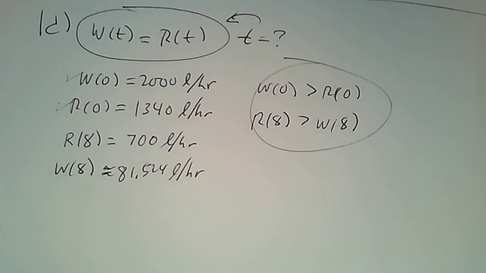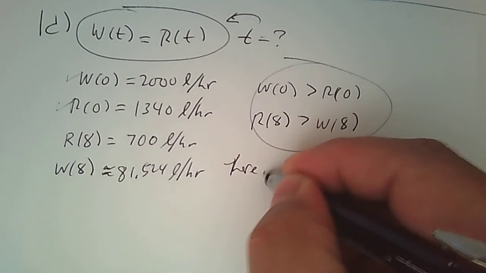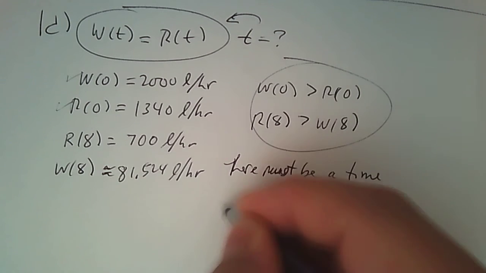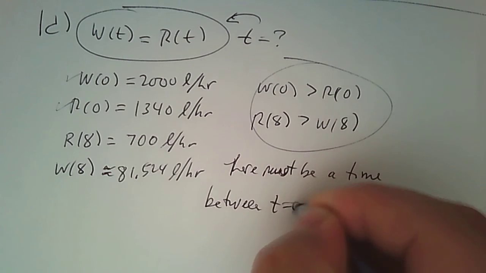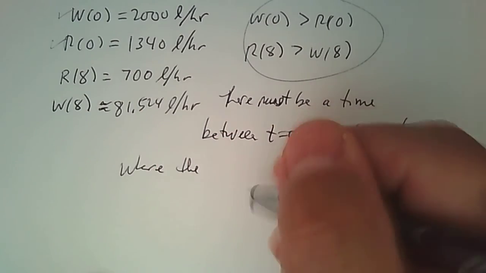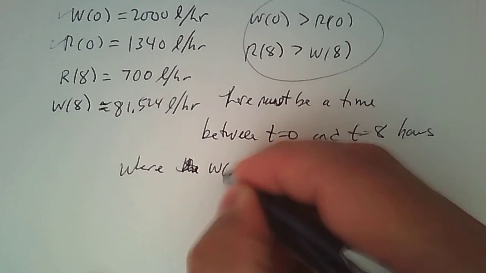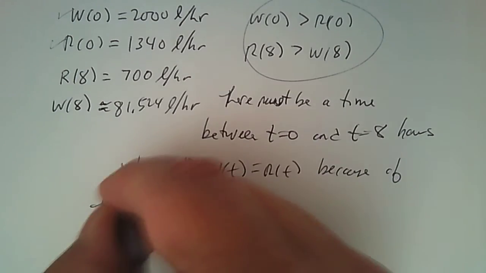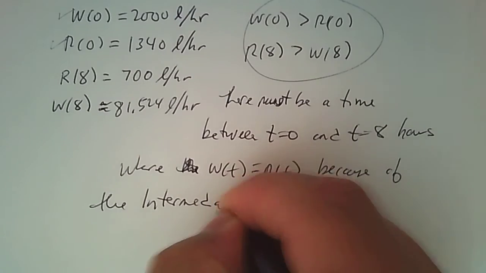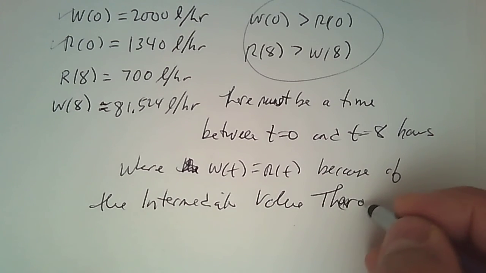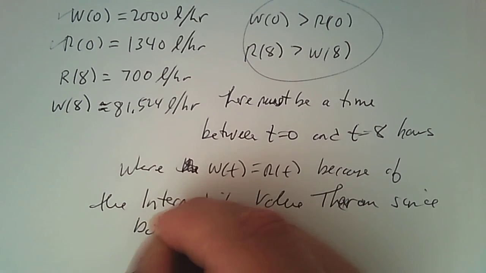So because of this, there must be a time between t equals 0 and t equals 8 hours where W at t equals R at t because of the intermediate value theorem, since both functions are continuous.